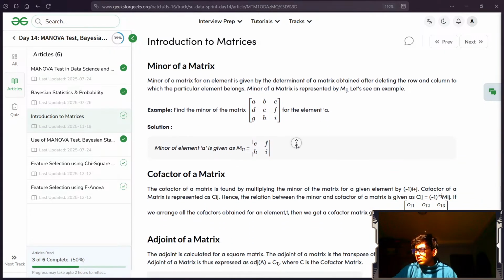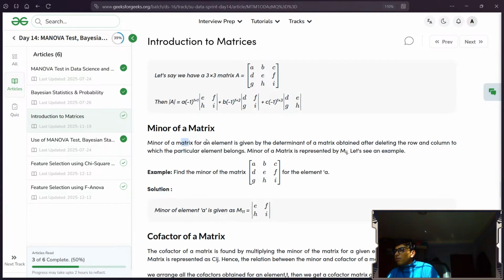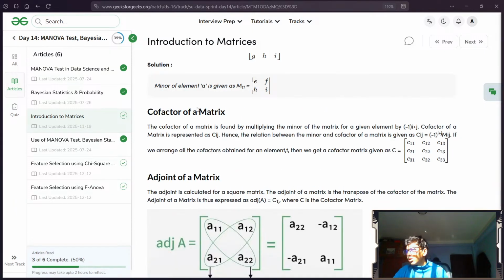A minor of a matrix for an element is given by the determinant of the matrix obtained after deleting the row and column to which the particular element belongs. Minor of a matrix is represented by Mij. Let's see an example. Find the minor of matrix A, B, C, D, E, F, G, H, I for the element A. So the minor is E, F, H, I, because A got these rows and columns.